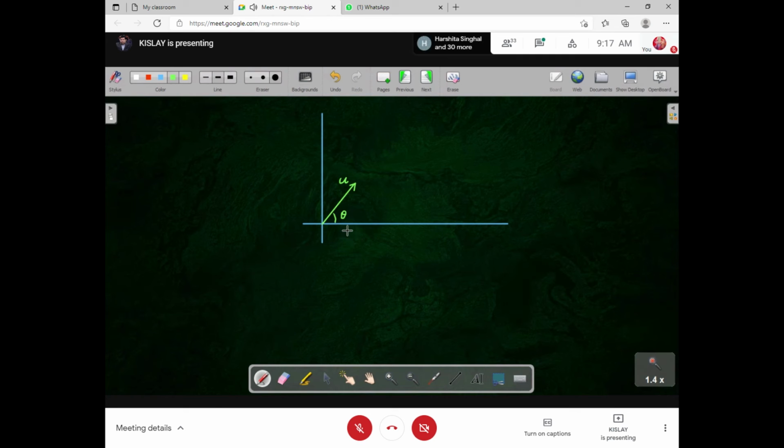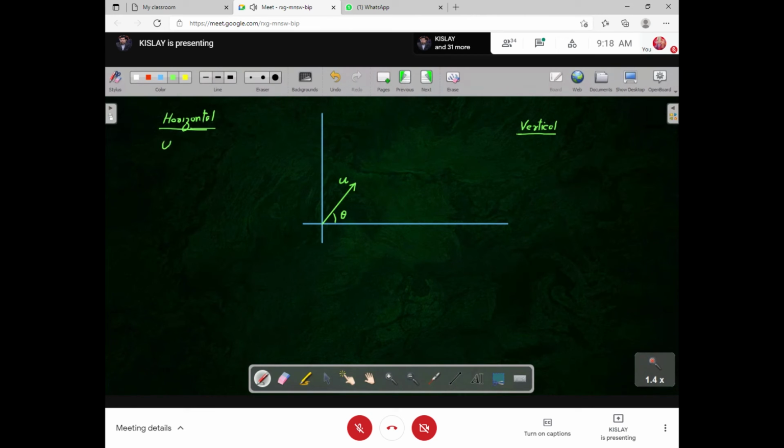Again, you can take the horizontal and vertical components. I'm dealing with the things separately.